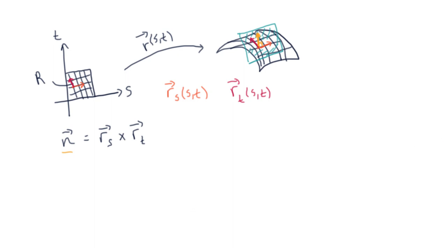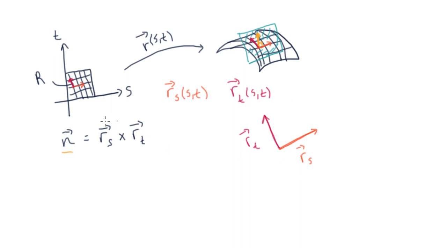But we can actually go a step further. So let's zoom in on my partial derivative vectors here. So here's r sub t, partial with respect to t of my parameterization. Here's the partial with respect to s.